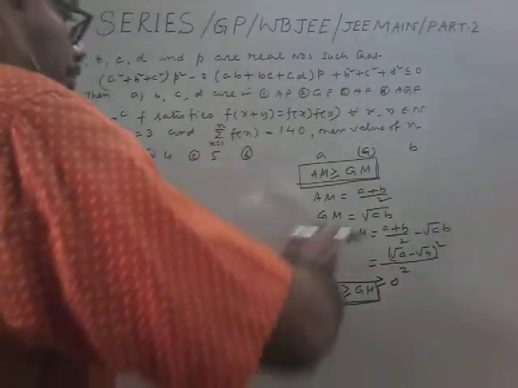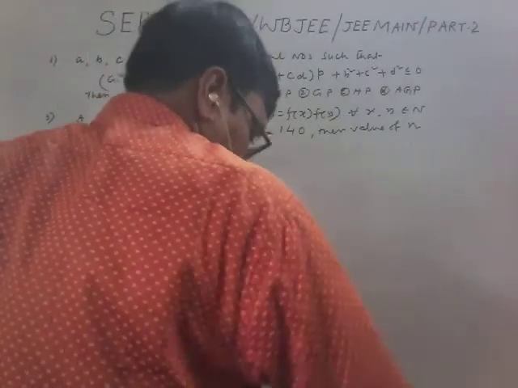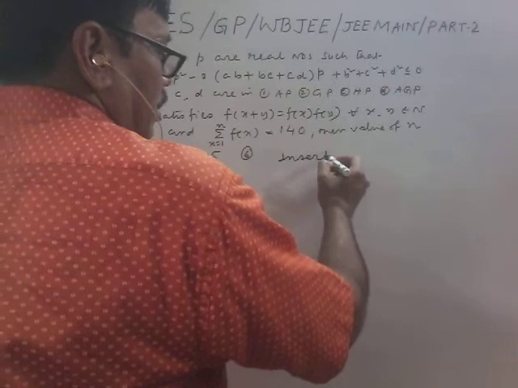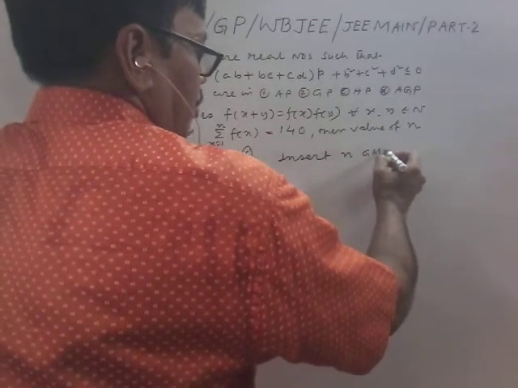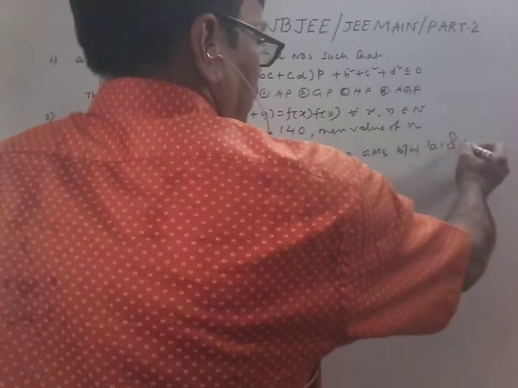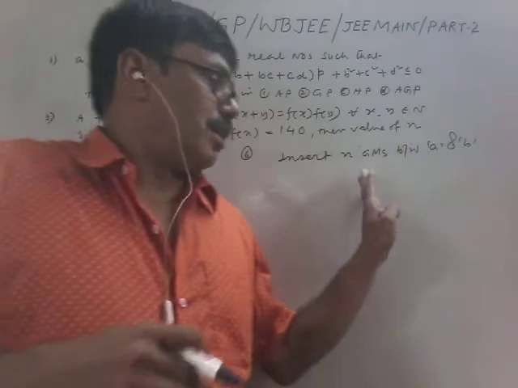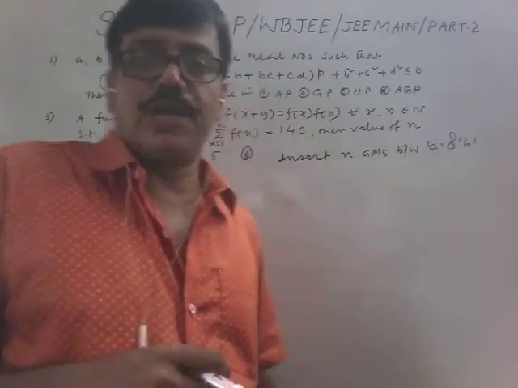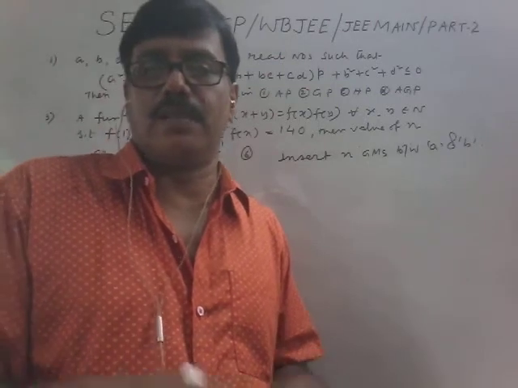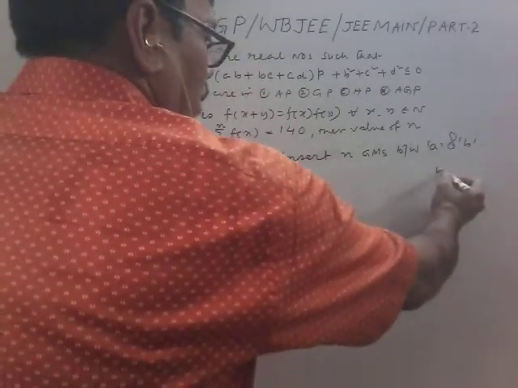Next, geometric mean: insert n GMs between A and B. We have already discussed for arithmetic mean that the common difference is B minus A by n plus 1. Look, A and B are two numbers.